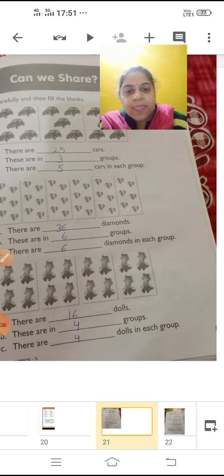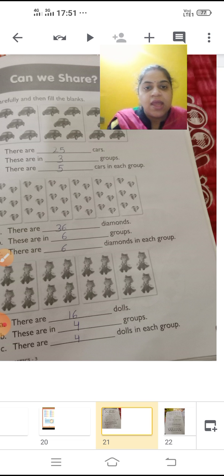It can be anything that we share, something eatable, anything, that should be divided among them, whatever the number of persons, 1, 2, 3, 4, it should be divided equally. So our chapter name is Can We Share? That means it is divided among the total number of people, students, children, and each will get equally.